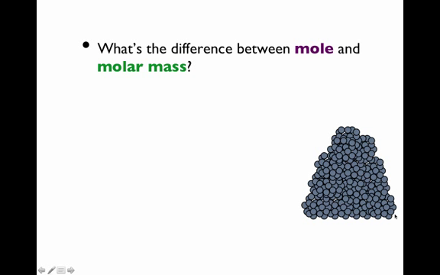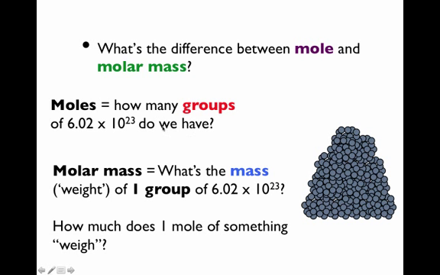The difference is, moles basically say, how many groups of 6.02 times 10 to the 23 do we have? Do we have 1 group? Do we have half of a group? Do we have 3 groups of this? That's what moles mean. Molar mass means what is the weight, or what is the mass of 1 group of 6.02 times 10 to the 23 of something. So the other way of thinking about it is, how much does 1 mole of something weigh?